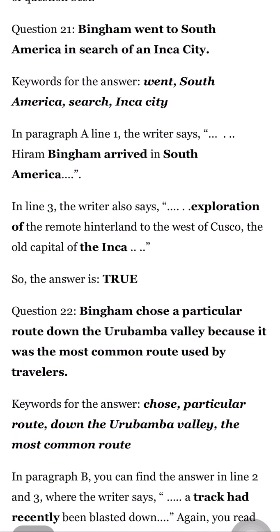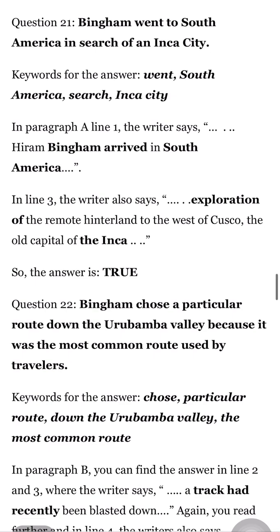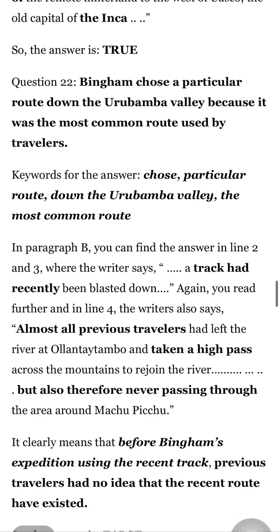Question 22. Bingham chose a particular route down the Urubamba Valley because it was the most common route used by travelers. Keywords for the answer: chose, particular route, down the Urubamba Valley, the most common route. In paragraph B, you can find the answer in line 2 and 3, where the writer says, a track had recently been blasted down.